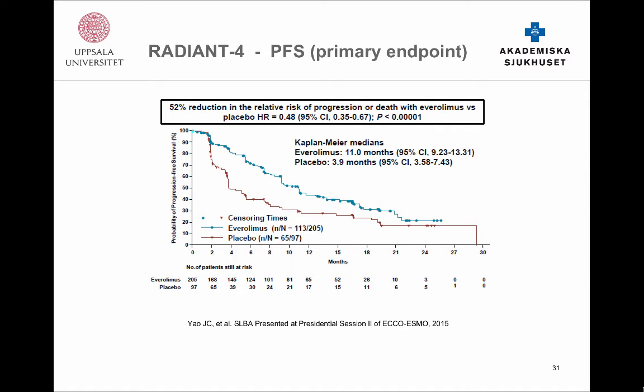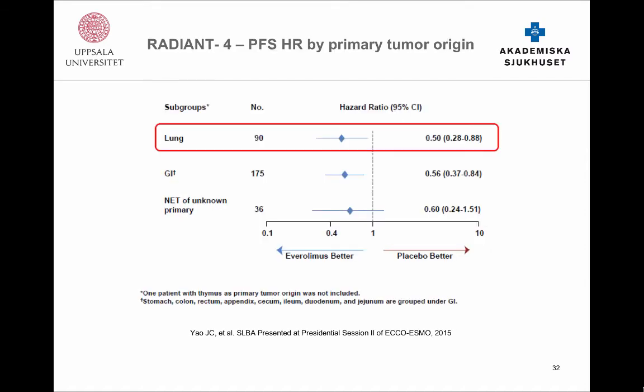So this clearly indicates that what we saw in the RADIANT-2 trial as an indicator of efficacy of everolimus in lung tumors is now fulfilled in this study. And looking at subgroup analysis, you can see that actually lung are doing the best. So they are doing even better than gastrointestinal neuroendocrine tumors.